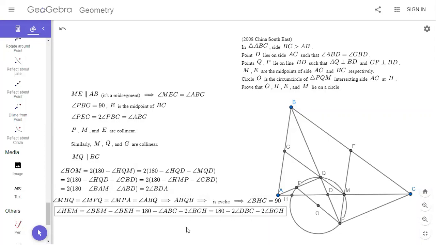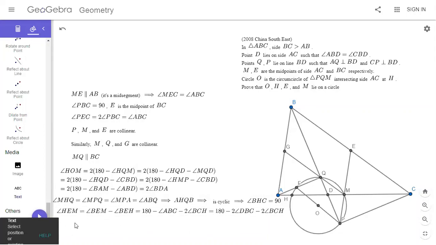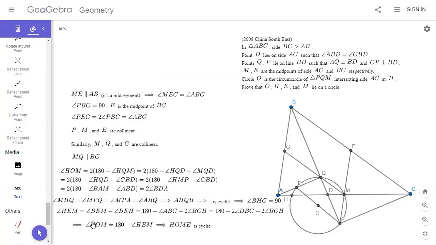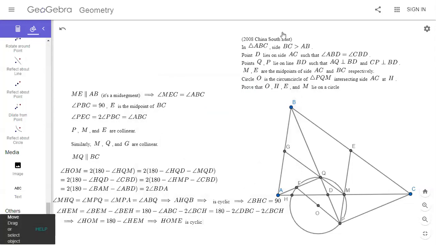Basically, these two together imply angle HOM is 180 minus angle HEM. And that implies HOME is cyclic, which solves the problem. All right, so maybe I made it a little harder than it had to be.